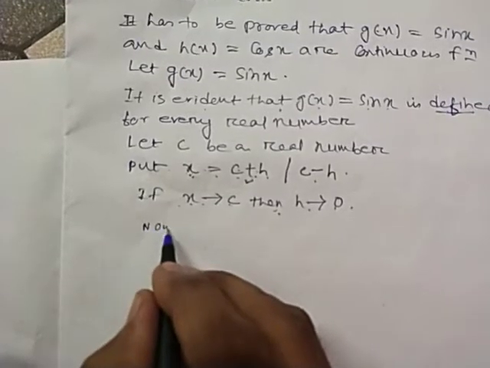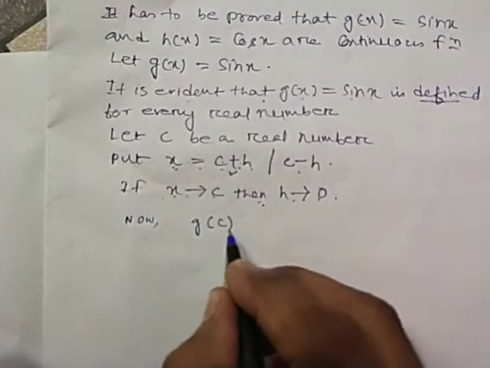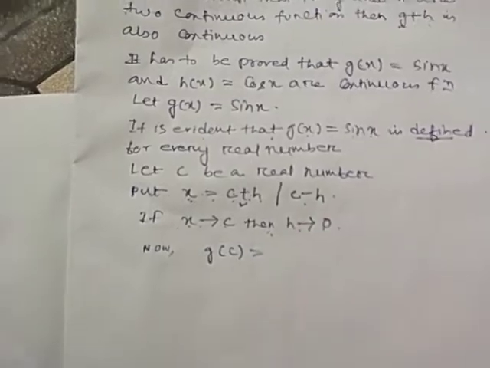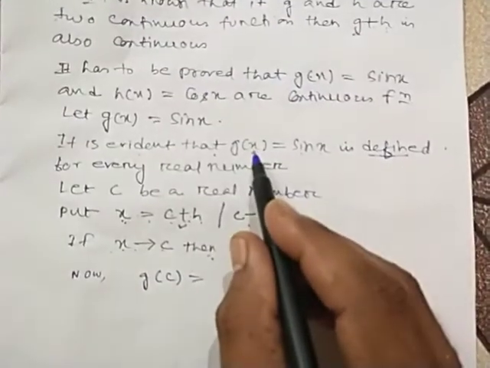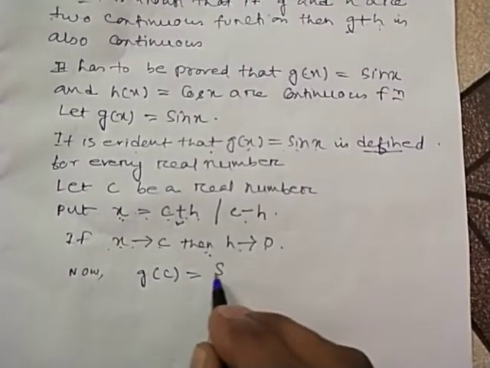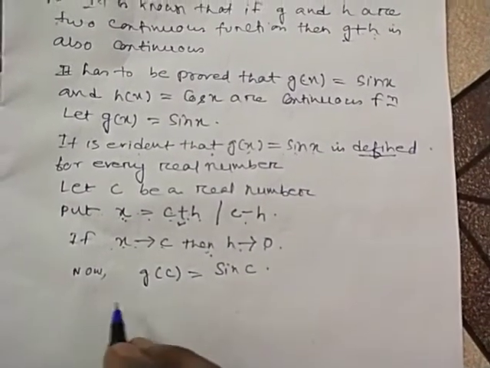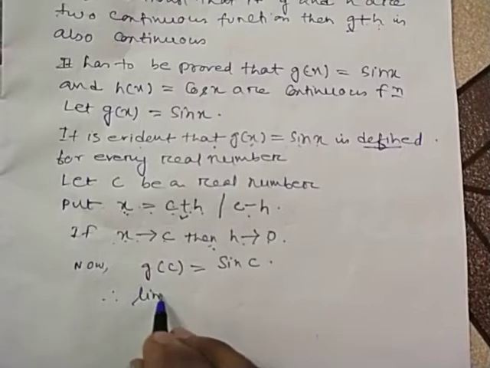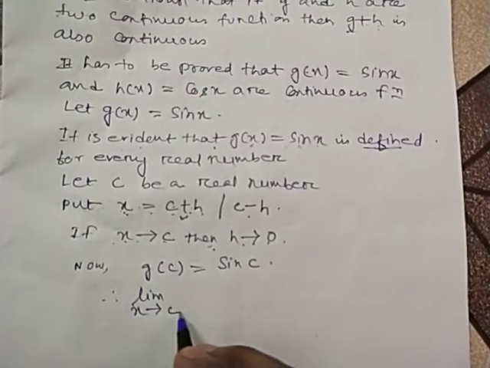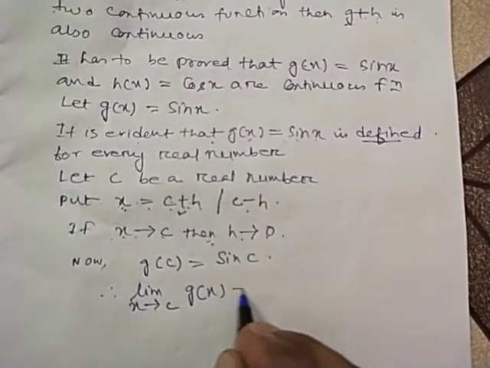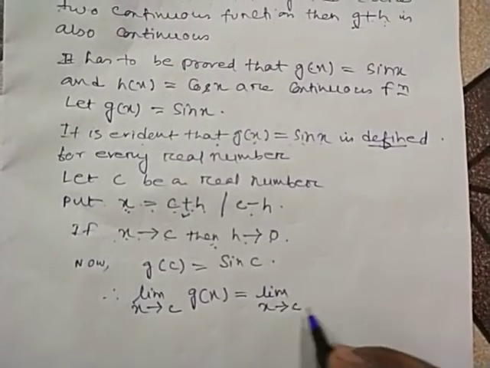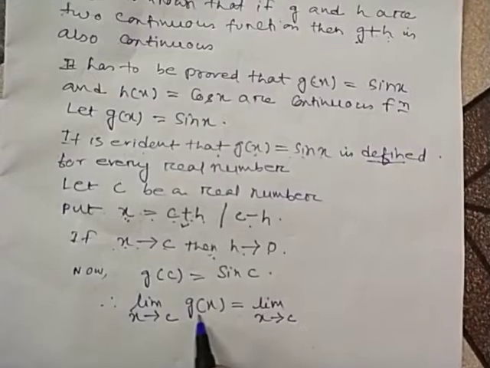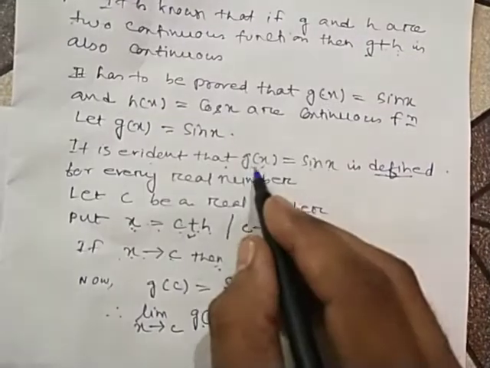Now g(c) equals sin of c, because the function is g(x) = sin x, so if I replace x by c, I get sin c. Therefore the limit as x tends to c of g(x) equals the limit as x tends to c of sin x.